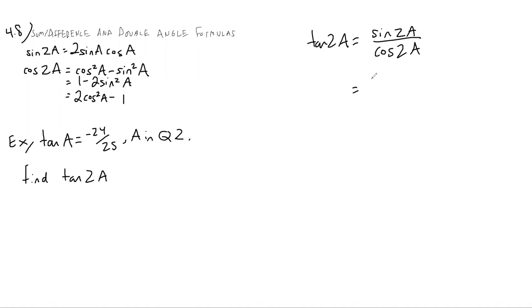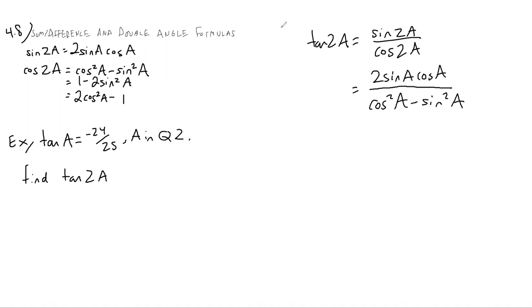So that will be 2 sine a cos a divided by, it doesn't really matter which of these formulas I choose because I do need to know both sine a and cos a for the top already. So I'll just go to the default one, cos squared minus sine squared a.